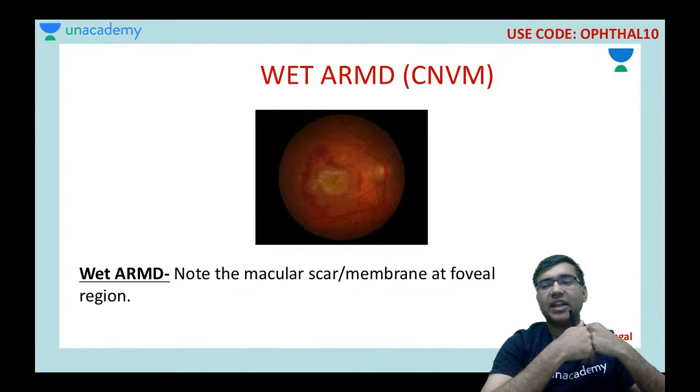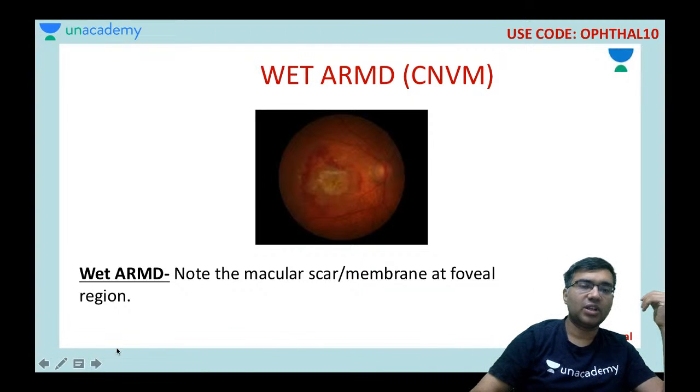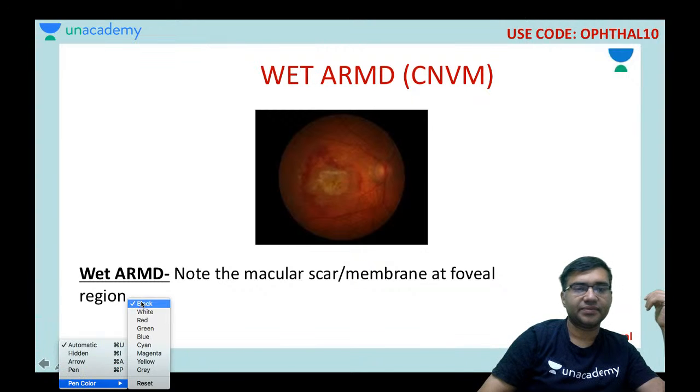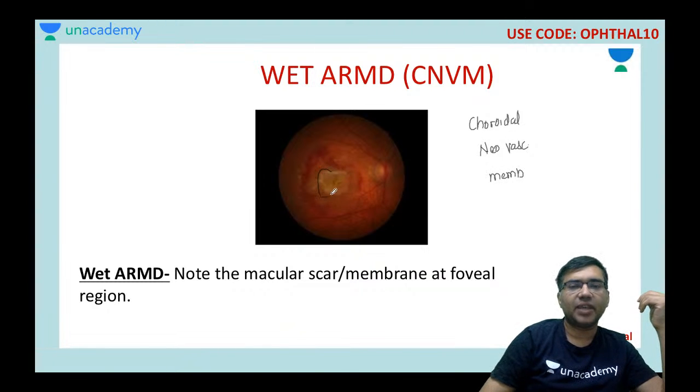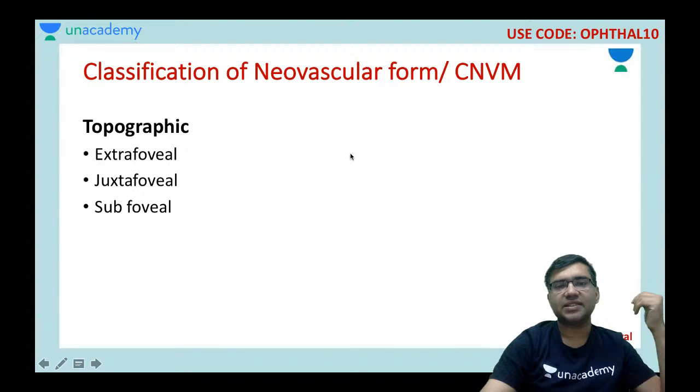Another name of wet ARMD is choroidal neovascular membrane. Okay, in this area, if you can appreciate, there is a scarring and hemorrhage in the paramacular area. Okay, this is a wet ARMD.